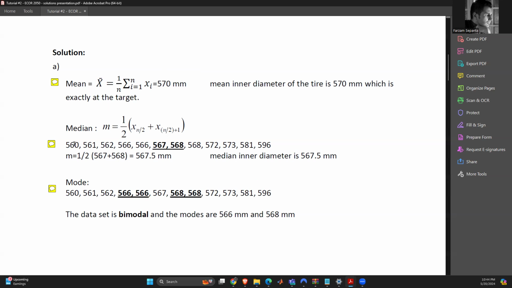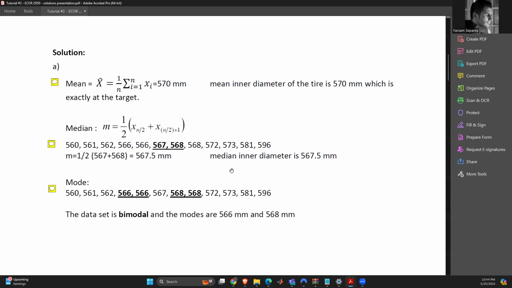So if you count the numbers here, we have 12 numbers. For an even total, there is no middle number, so you have to average the two numbers in the middle. If you do that and calculate based on the equation, your median would be 567.5 millimeters.